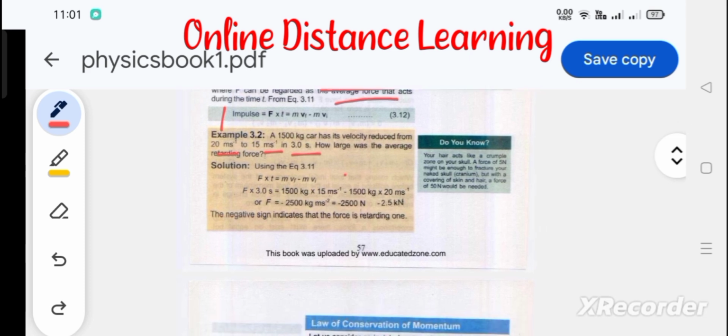So we know that F cross t from the above relation is equal to mVf minus mVi. Putting in the values of time t, mass, initial momentum and final momentum, we find the value of force, which is equal to minus 2.5 kilonewton. The negative sign indicates that the force is a retarding force.